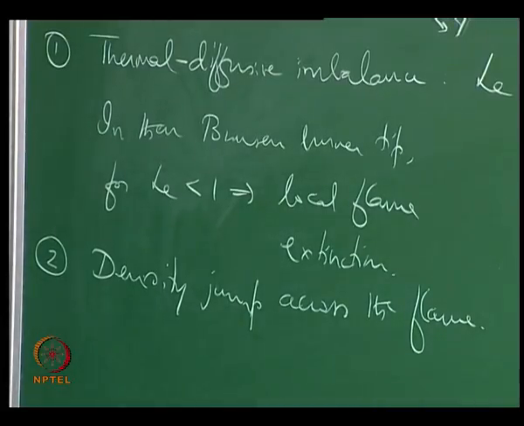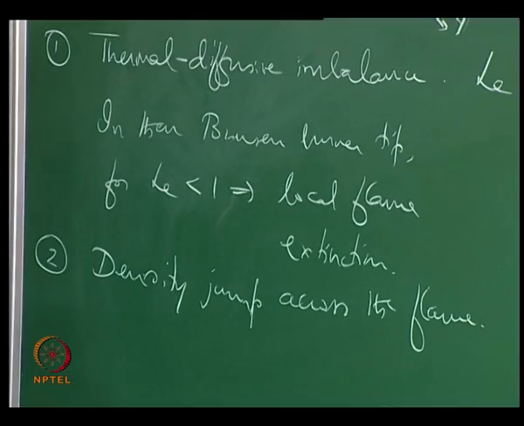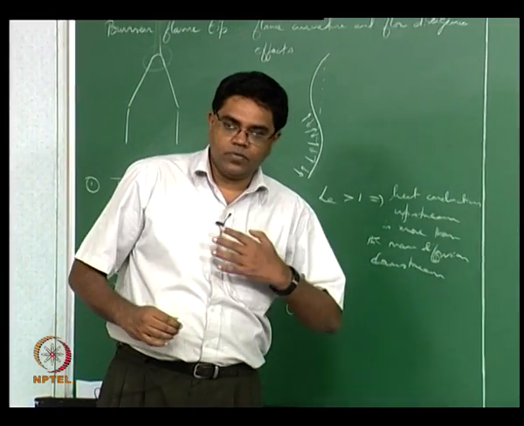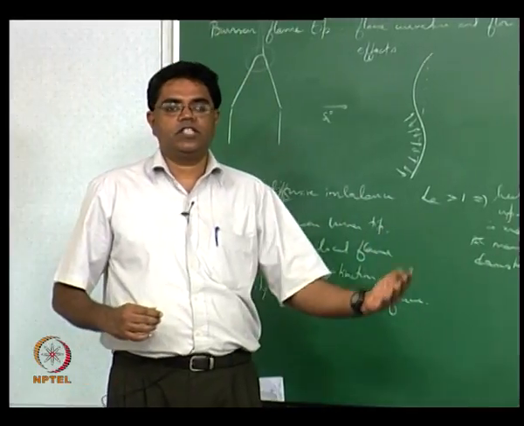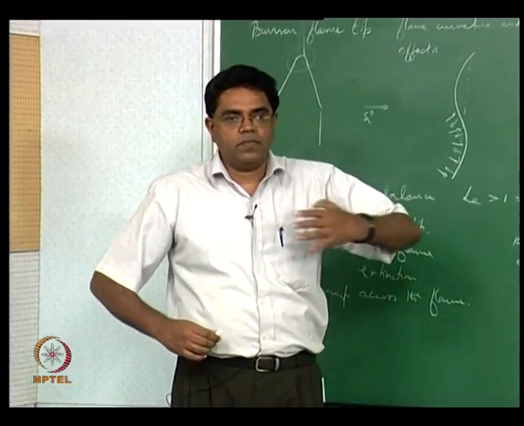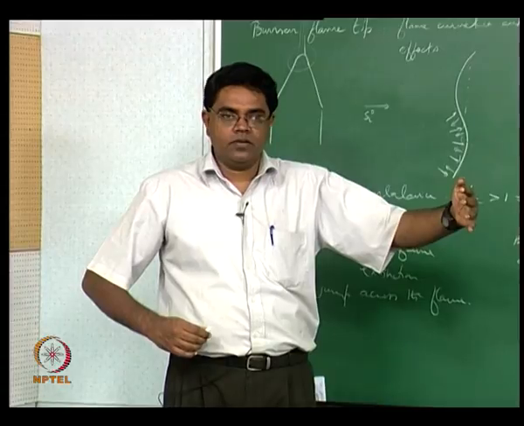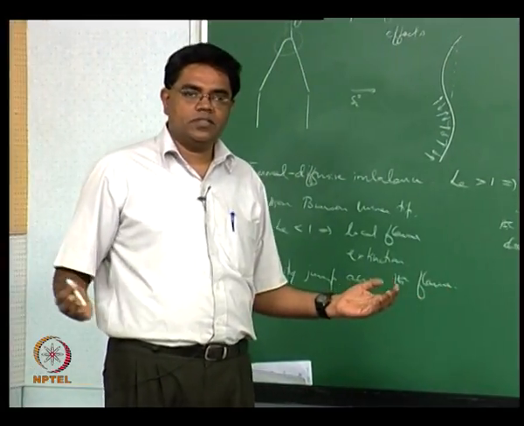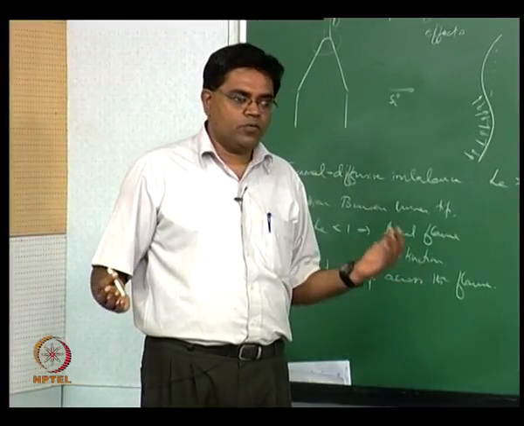So what is the consequence of having a decrease in density for the products relative to the reactants when the flow gets past the flame? Any ideas here? What's going to happen if the flow now tries to go past?